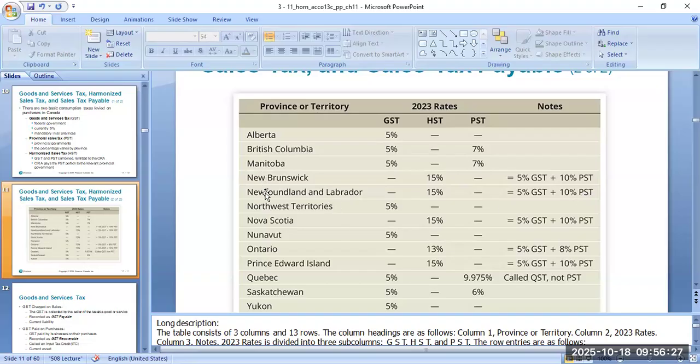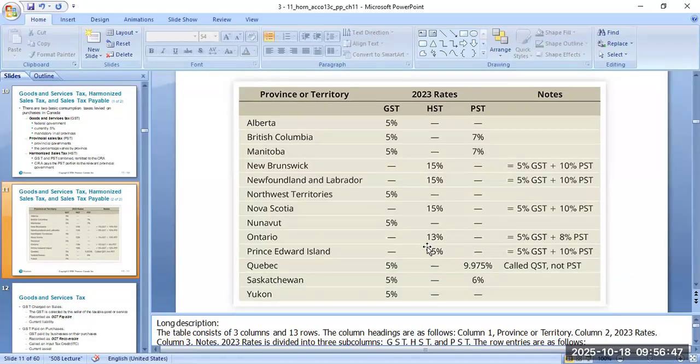As you can see, those territories, which are small and far east, are paying more taxes than we pay here in British Columbia, or the taxes they're paying in Alberta. Northern territories, again, only 5%, there's no PST. Nunavut, 5%, no PST. Ontario pays 13%, which comes from the 5% GST and 8% PST.